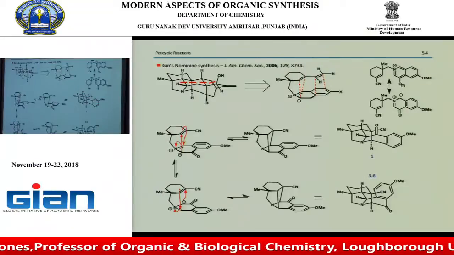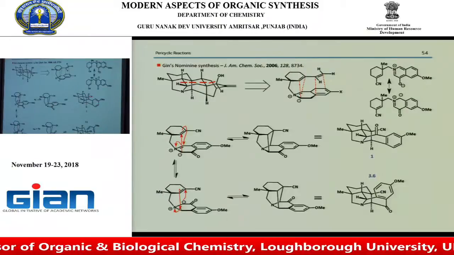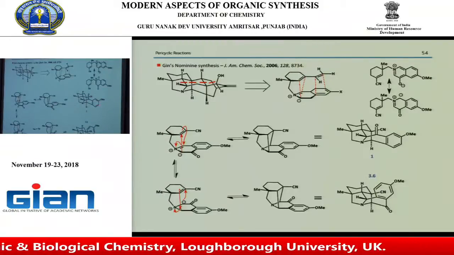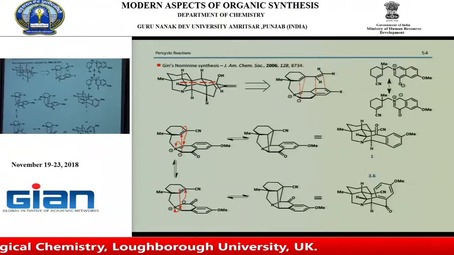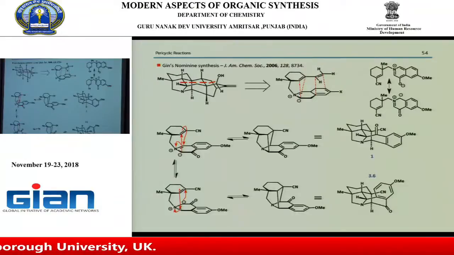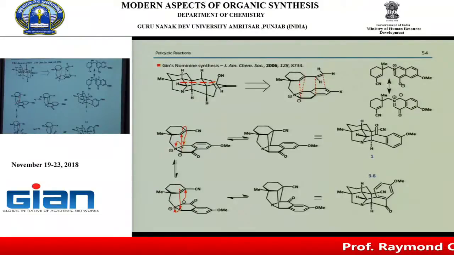And then this is modified by getting rid of the carbon, changing the nitrile and so on, reducing the benzene ring to do the Diels-Alder. But this bit is the dipolar cycloaddition, and it illustrates that you can twist around the CN bonds to get both regiochemistries. Okay, so that's a very much more complex example.